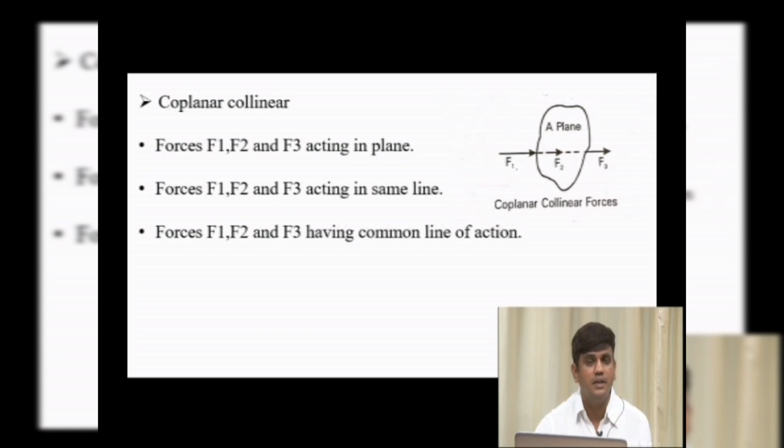Line of action is a characteristic of force. What are the characteristics of force? Magnitude, direction, point of application. Point of application is where we apply the force from point A, that is the tail, and the line of action continues after point B, that is the tip of the force or arrow.